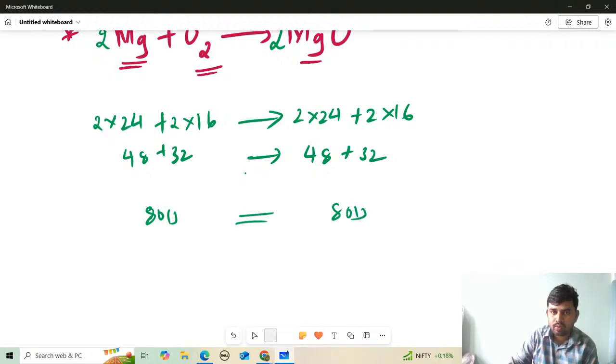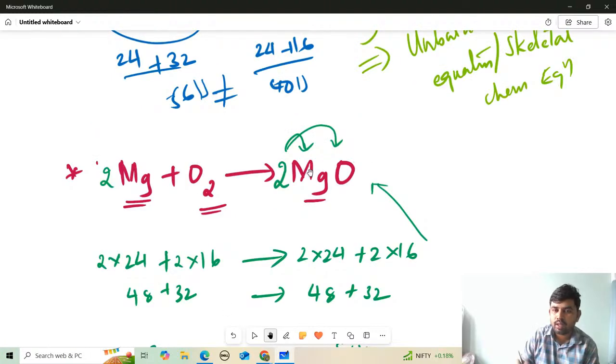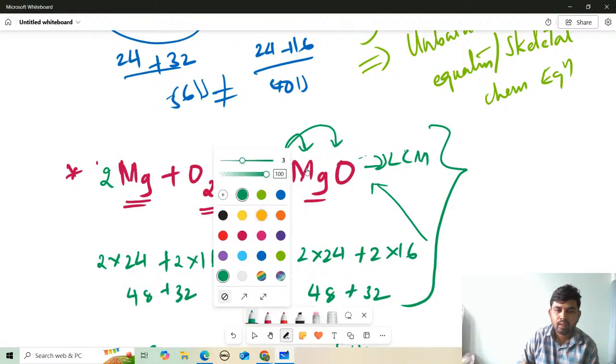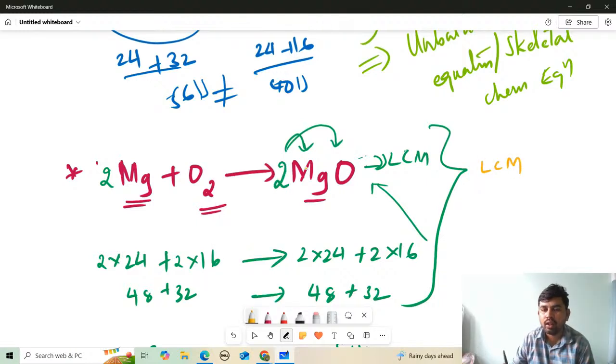So now this equation is obeying the law of conservation of mass. The kind of equations which obey the law of conservation of mass are called balanced chemical equations.